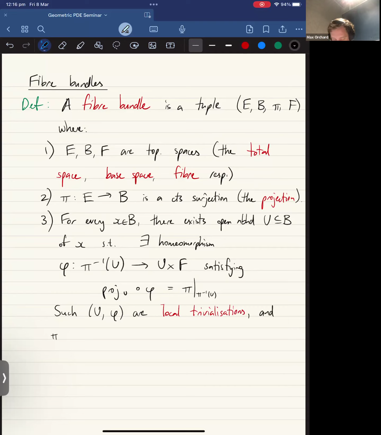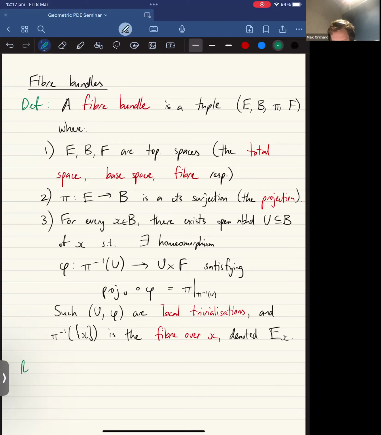And if we look at the preimage of just a single point in our base space, we call this the fiber over the point x, and we denote it with E sub x, where E is the total space.